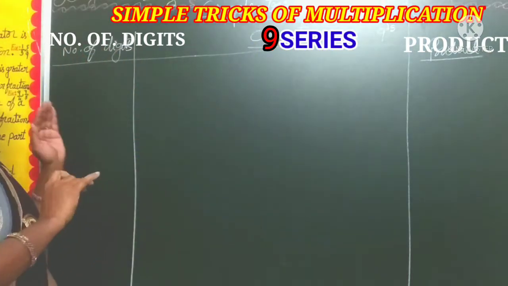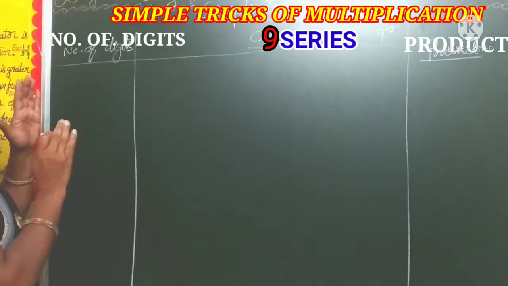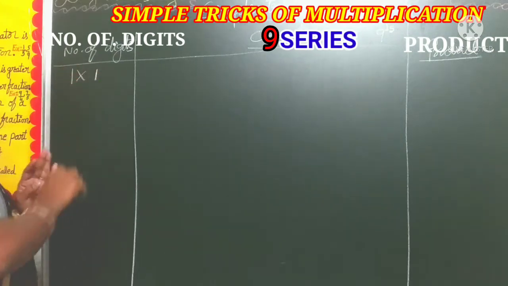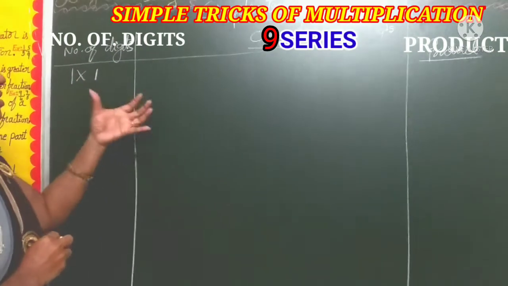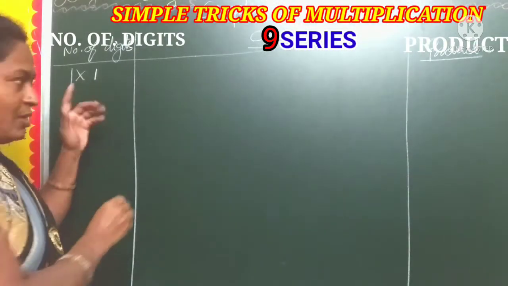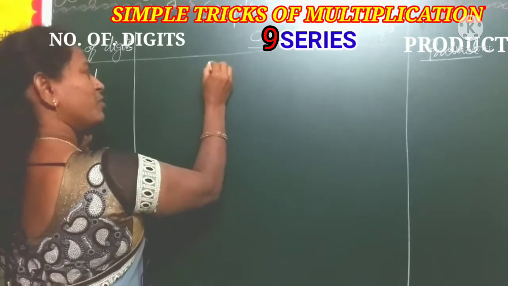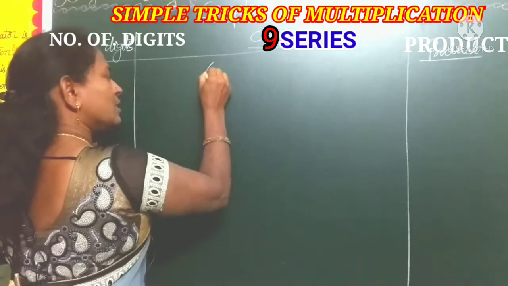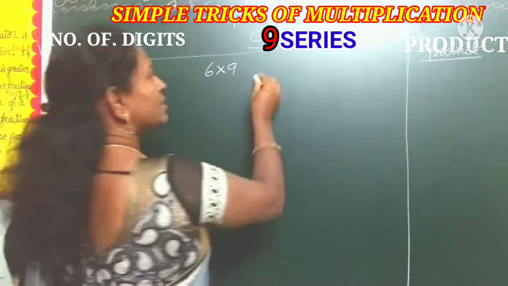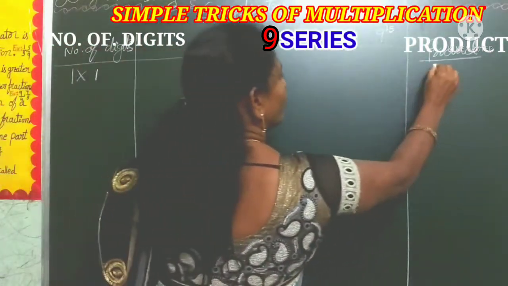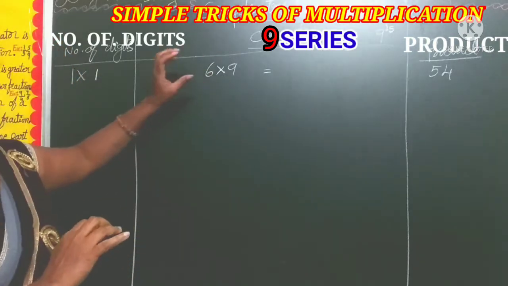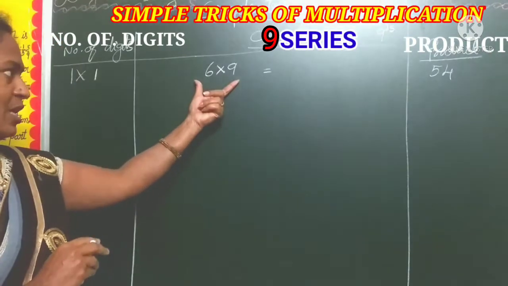We can take an equal number of digits. Suppose 1 into 1 digit, means one number with one 9. Any number, say 6 nines are how much? 54. This is only a single digit number.